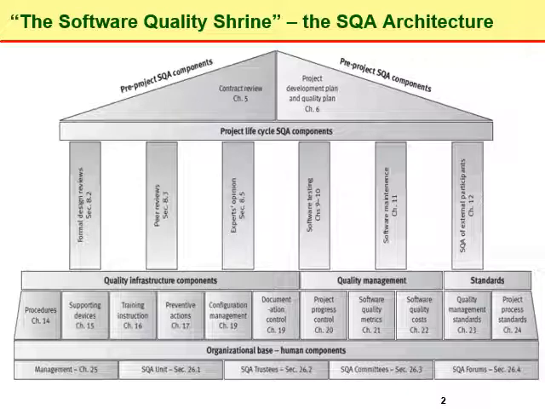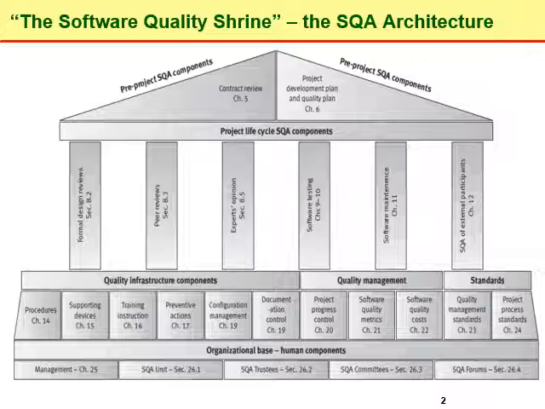Similarly, preventive actions and configuration management activities, documentation control, they are also under the quality infrastructure components. Then the fourth component of the SQA system is quality management.